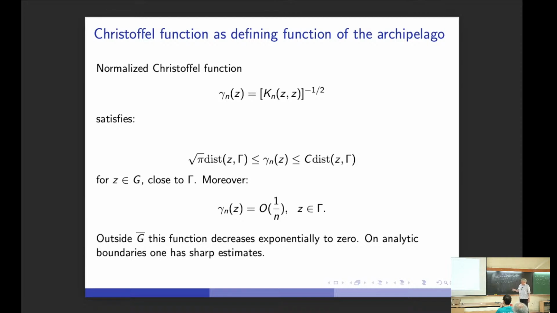Regardless of whether you are in a multiply connected domain or simply connected, it doesn't matter. And on the boundary, this behaves, as we mentioned, like 1 over n. K is the reproducing kernel, so it is 1 over this, as you see. So we have a different behavior outside, on the boundary, and inside. And from here, we can recover shapes.